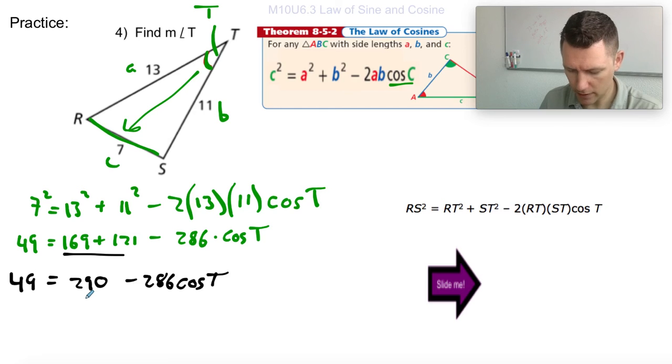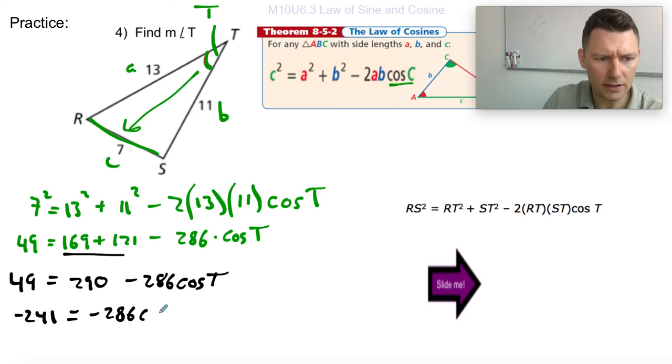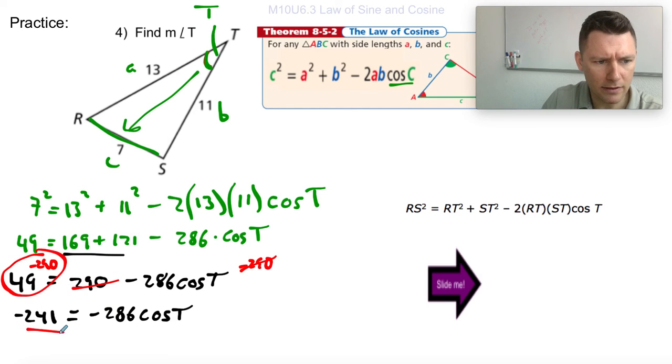So we're going to go 49 minus 290. If you subtract that, you get negative 241 on this side, and left over is going to be negative 286 cosine of T. If that was a little too fast for you, we just went minus 290 on this side, and minus 290 on this side, and this canceled, and this gave us this piece.